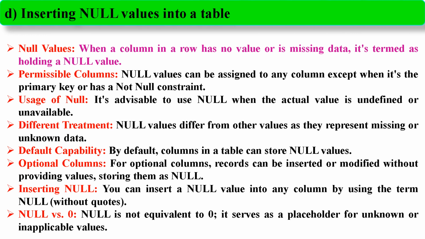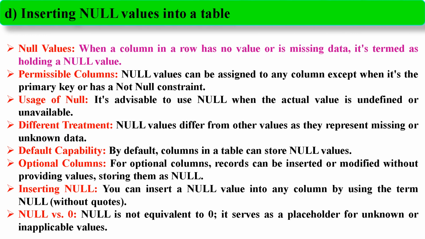Usage of null: it's advisable to use null when the actual value is undefined or unavailable. Different treatment: null values differ from other values as they represent missing or unknown data. Default capability: by default, columns in a table can store null values.